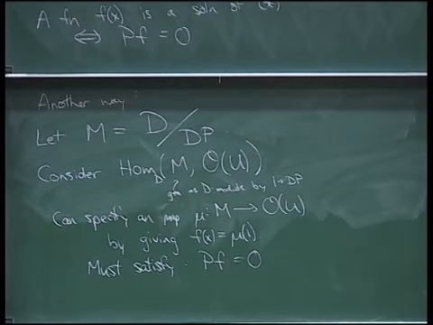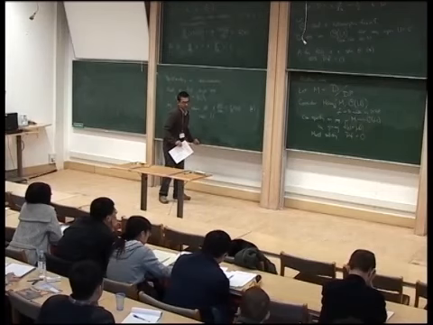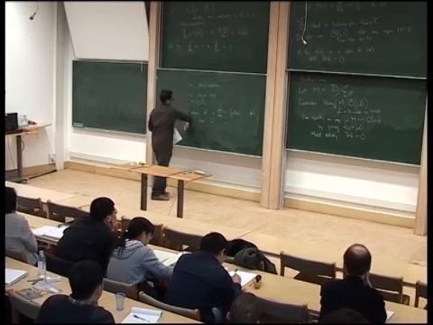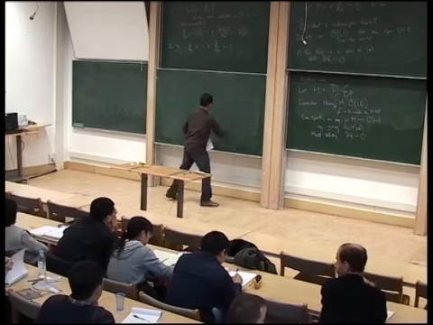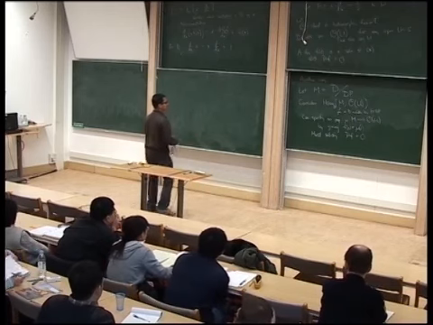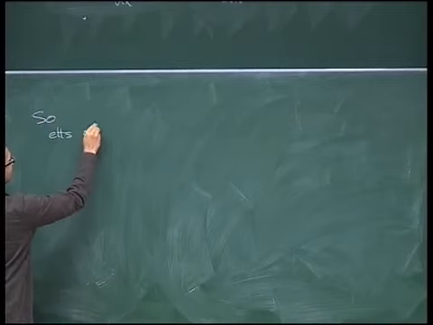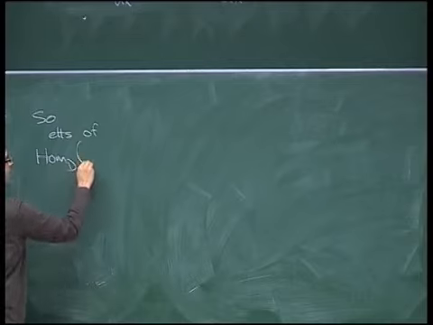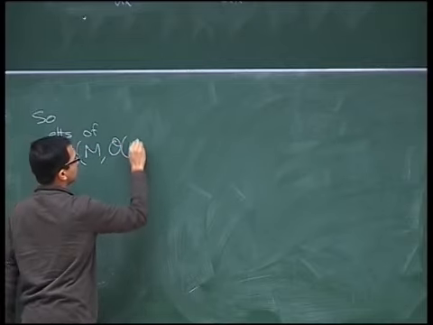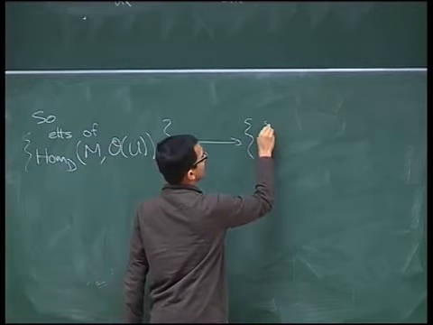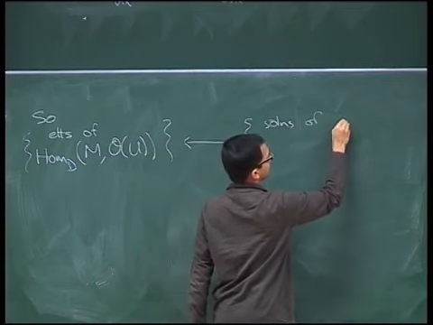So in other words, elements of this Hom group, Hom_D(M, O(U)), are exactly the same as solutions of the differential equation.